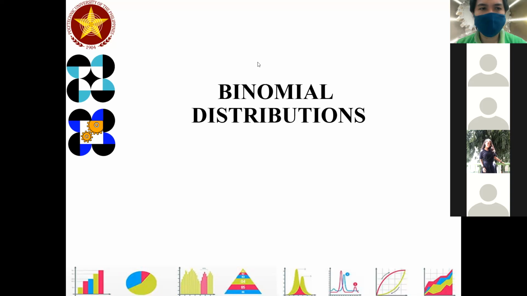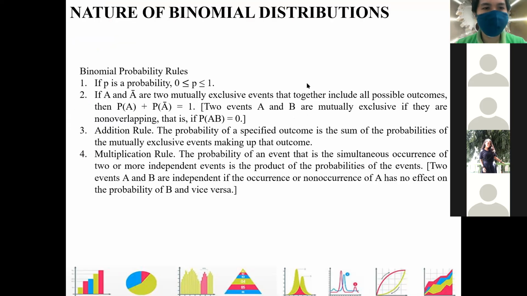Okay, so our next topic is about binomial distribution. Ito yung mga type of probability distribution that are being used in research para ma-identify kung ang isang experiment ba or isang theory, isang problem ay feasible. Binomial distribution, from the word binomial, binomial means two.